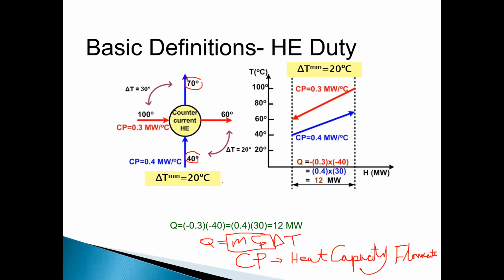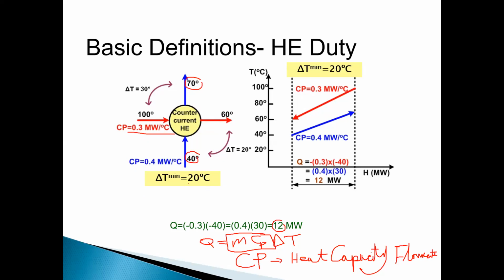So for example, this hot stream is 0.3. So its duty will be what? It will be 0.3 times the heat capacity flow rate times the delta T, which is 40, which gives us 12 megawatts.